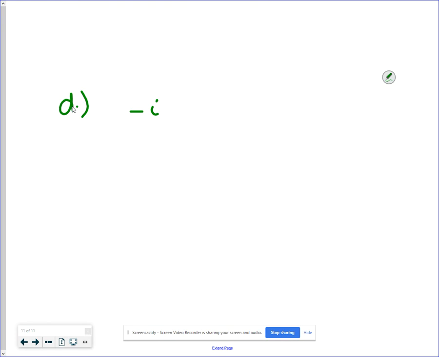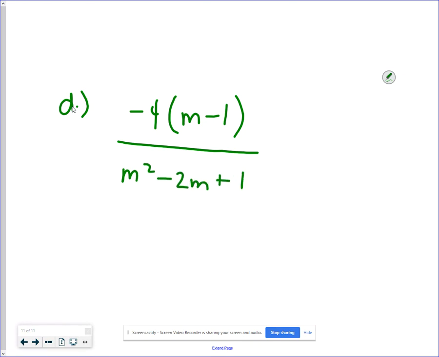We got negative 4 times the quantity m minus 1 over m squared minus 2m plus 1. So your first step always is to factor both the top and the bottom. Well, the top is already factored, so I'm just going to rewrite it. But the bottom is like the one that we just saw.